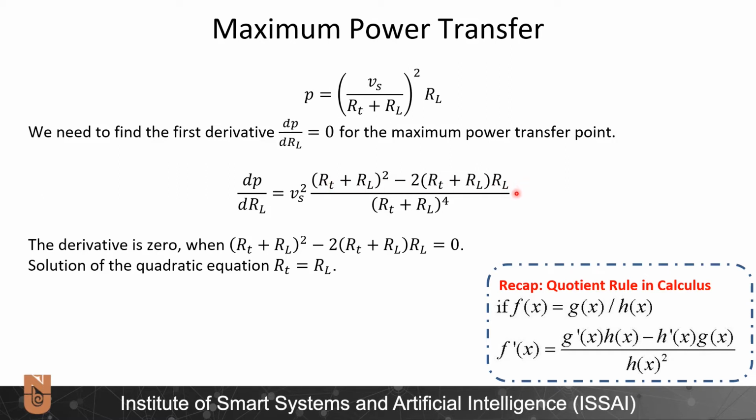And the solution of this equation gives us RT equal to RL as the condition where this is true. So in other words, the value of the load resistor should be equal to the value of the source resistor, and then we will have the maximum power transfer.